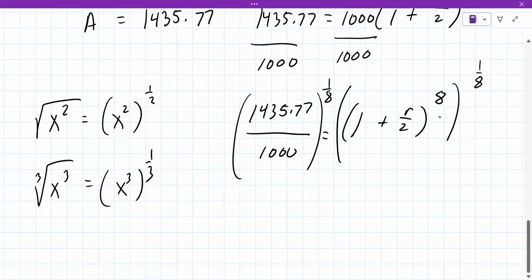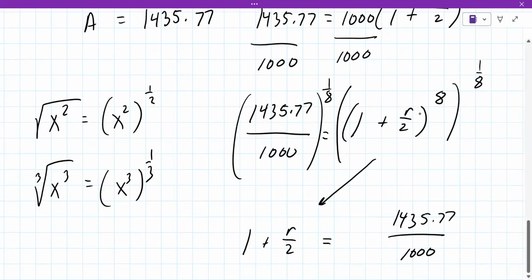So it's really bad now on the left. Like this doesn't mean anything, but you got to write it. On the right, you just have the 1 plus r over 2. I'm going to switch sides here. 1 plus r over 2 equals 1435.77 over 1,000, to the 1/8 power. It is best to wait until the end.